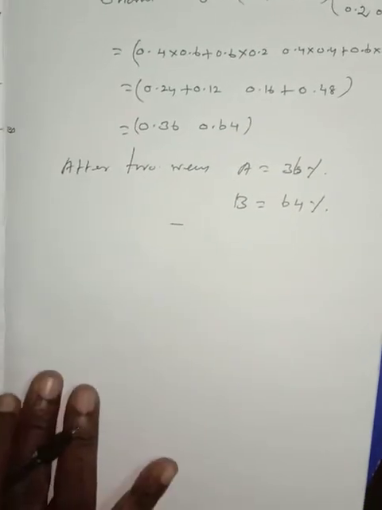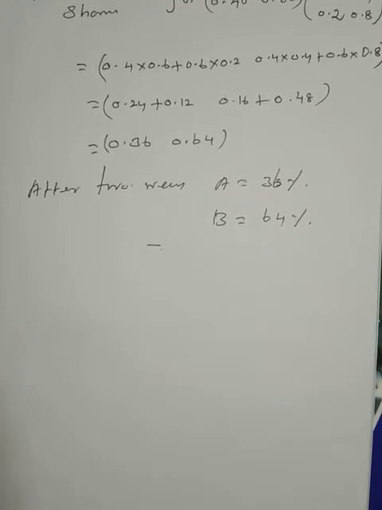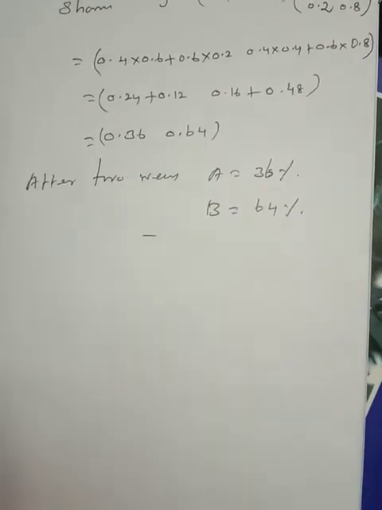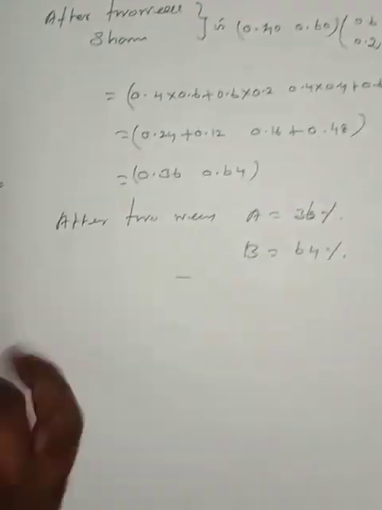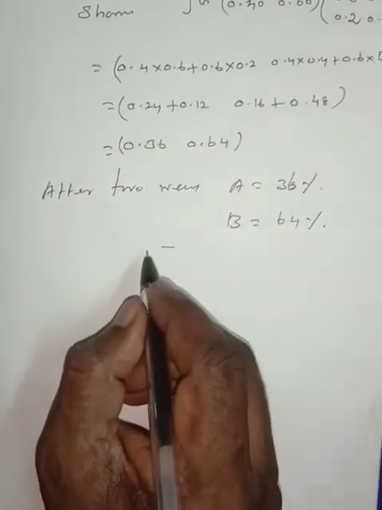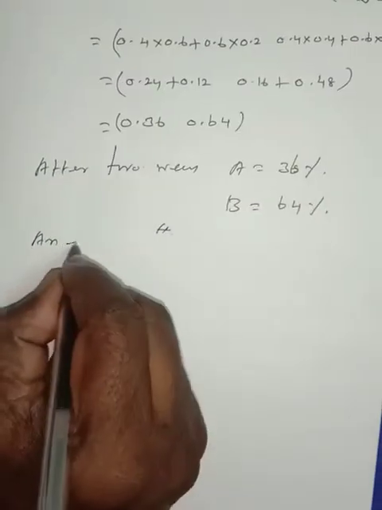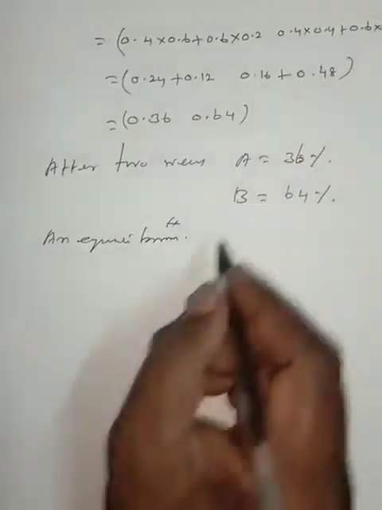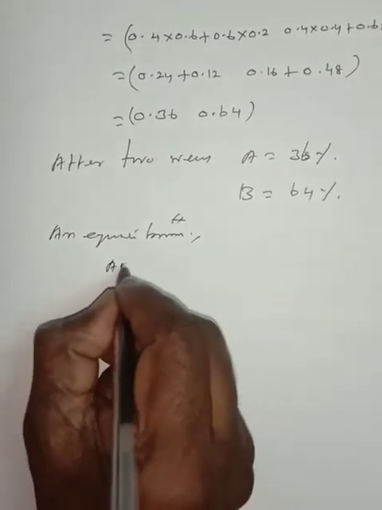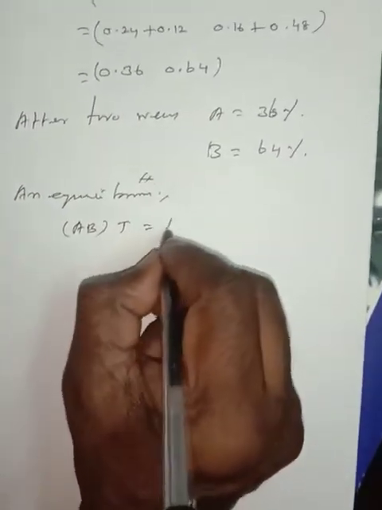The first part of the problem is finished. The second part of the question is when equilibrium is reached. So at equilibrium, AB times the transition matrix is equal to AB.